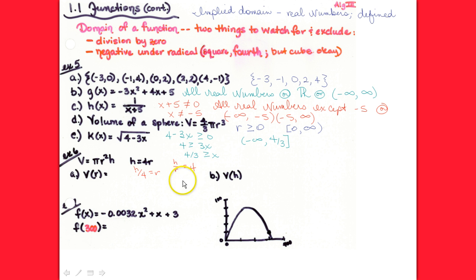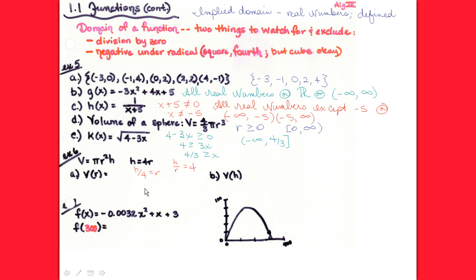Now, that's just an equation, so I can turn it around any way I want. I could multiply both sides by r, and I would get h is equal to 4r. If I divided both sides by 4, I would get r is equal to h over 4.